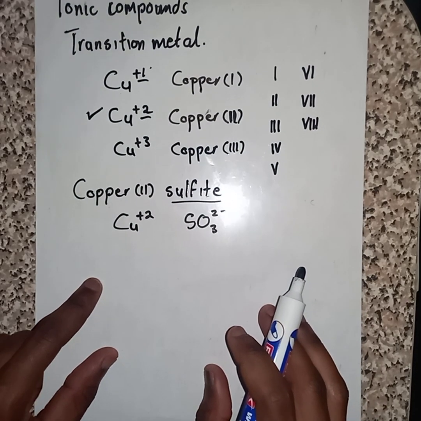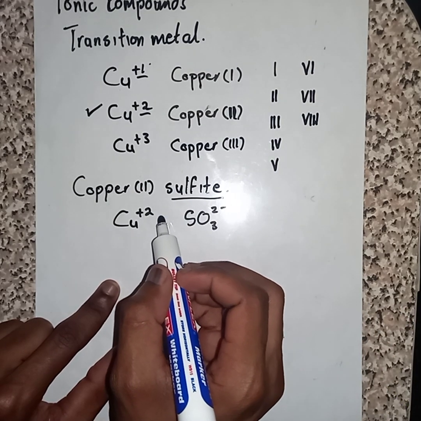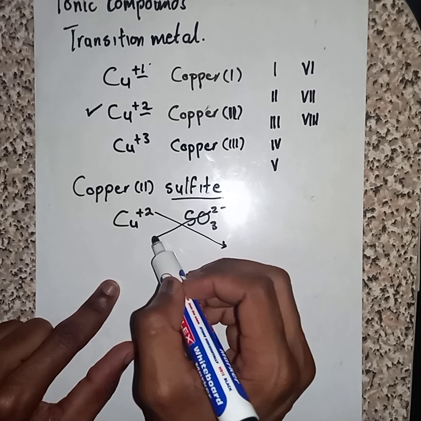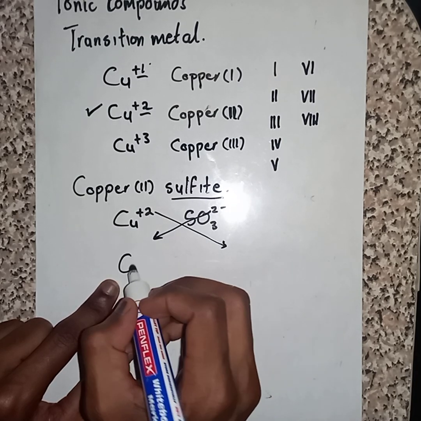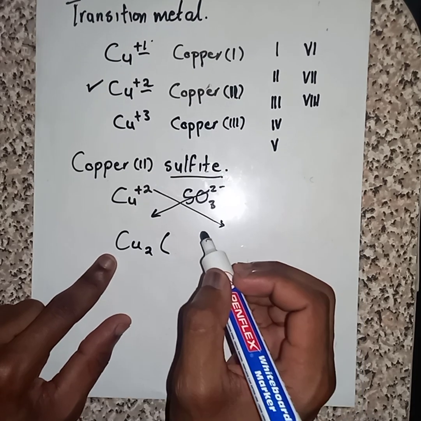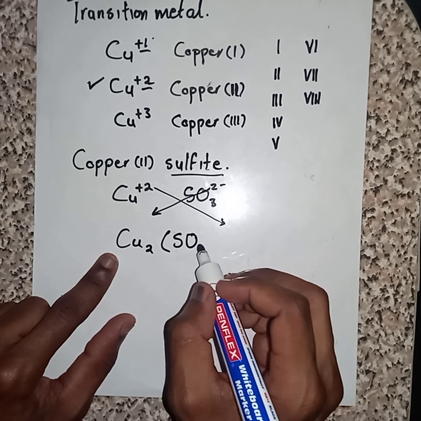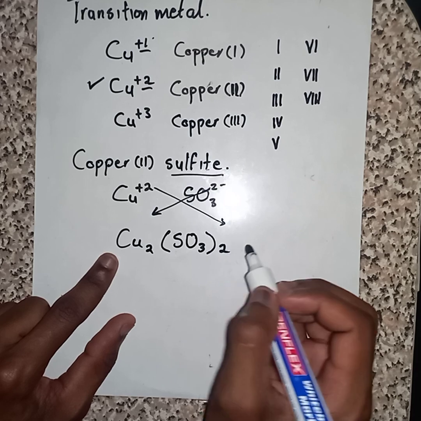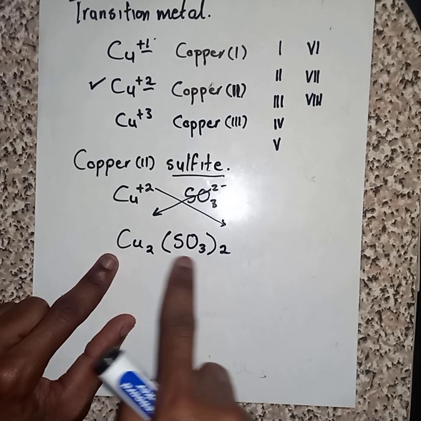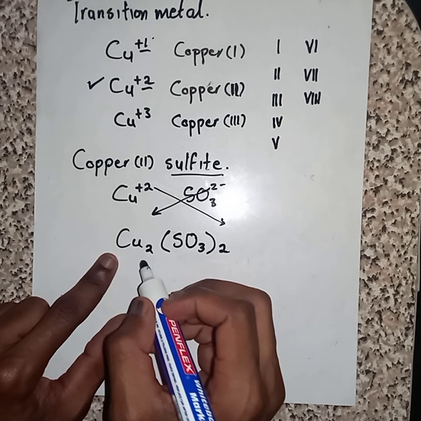Then at this point, what can you do? Use the cross method to say, now I have 2 this side, I also have 2 this side. Then it's going to be Cu2. Then don't forget to open bracket for polyatomic ions. You write SO3, then it's going to be 2. At this point, we can clearly see that we have 2 and 2. They cancel each other. Then it's going to be 1, 1.